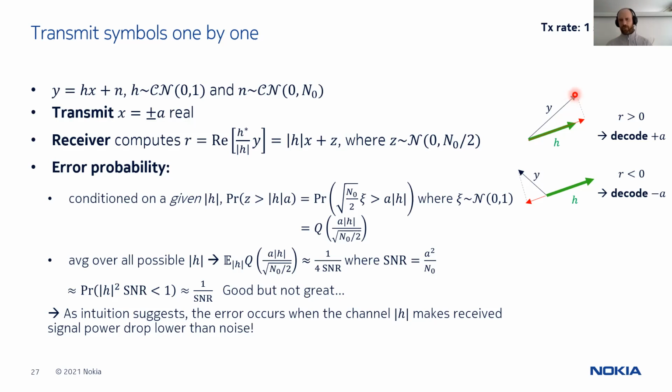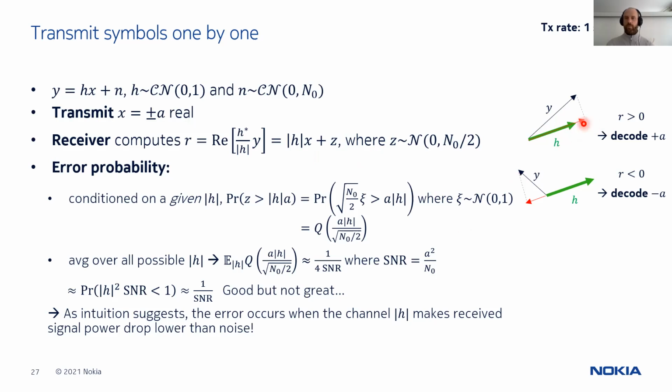So what it should do, it's actually the maximum likelihood best option, is to project whatever has been received onto the channel, and then decide whether it was sent plus or minus 1 based just on the sign of the real part of this projection.